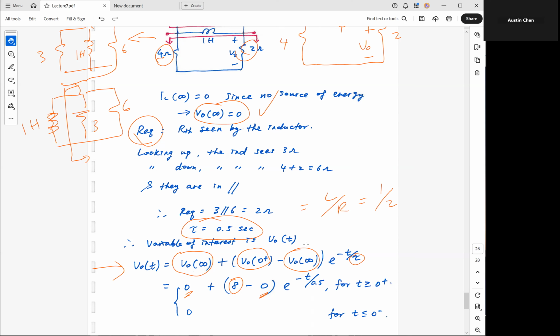The way this inductor behaves is that momentarily it behaves like a current source. It's an inductor, but it behaves like a current source momentarily, due to the property of continuity.